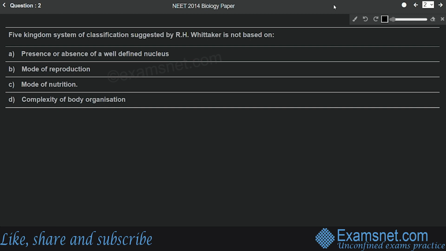Question number 2 is from the chapter Biological Classification and the question is, 5-kingdom system of classification suggested by R.H. Whittaker is not based on option A, presence or absence of a well-defined nucleus, option B, mode of reproduction, option C, mode of nutrition, and option D, complexity of body organization.